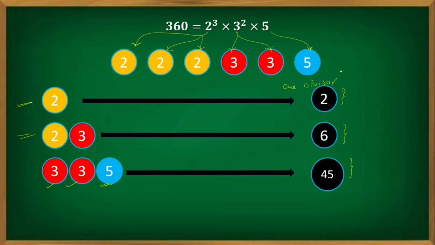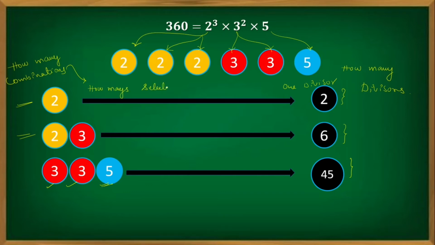So therefore, how many divisors are there? If I ask you a question, how many divisors are there for 360? How many divisors are there means indirectly we are asking how many combinations are there of these six balls. How many combinations means indirectly we are asking how many selections are there.